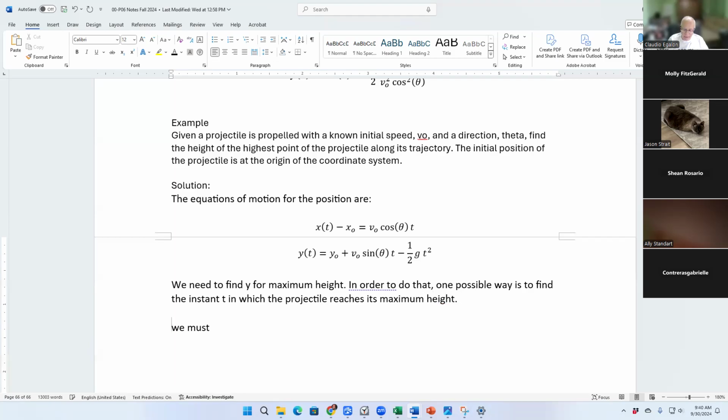Okay? And there is a condition for this maximum height.